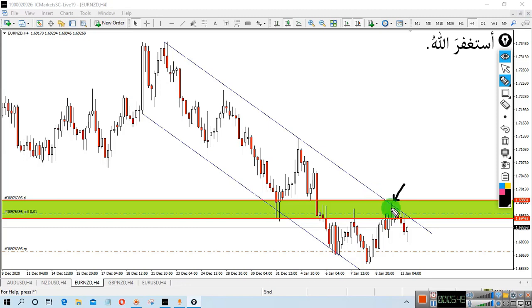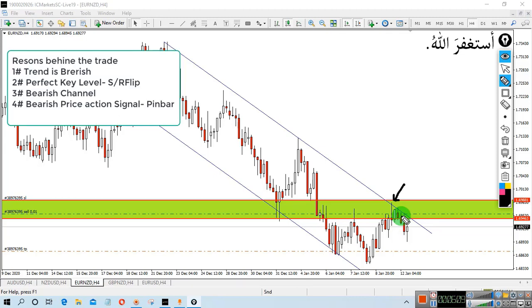We have channel resistance, we have key level resistance. At the same time we have a pin bar as a bearish price action signal. So we should take that trade that will go in your favor. So these are the factors that are involved in this trade.